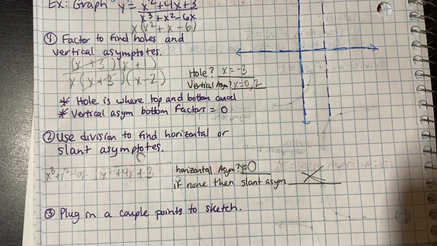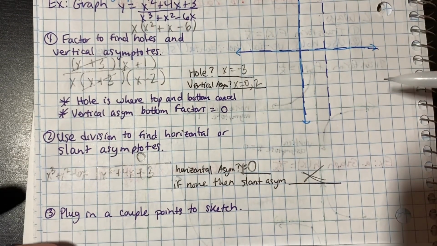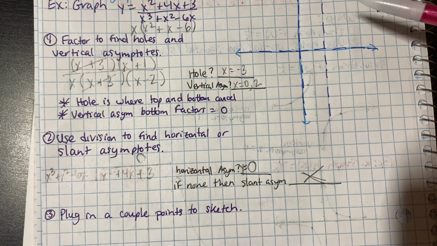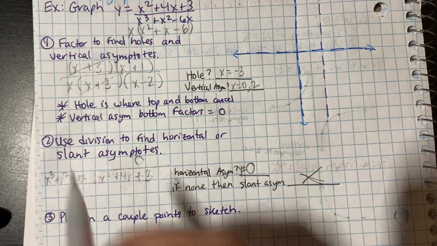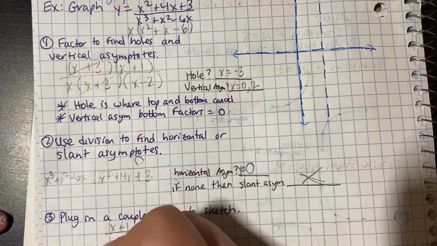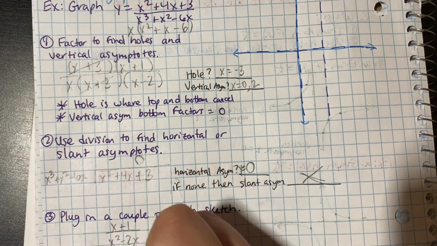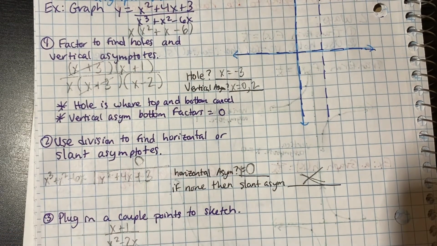Plug in a couple points to sketch. So now we have to figure out on our graph where these points go. Here's my new equation because of this hole: x plus 1 over x squared minus 2x. I'm going to use this to plug in my points.